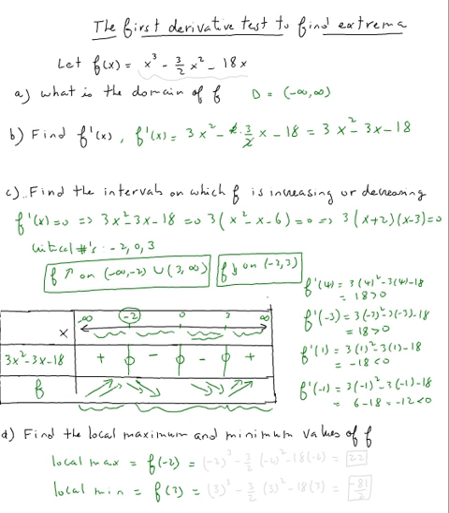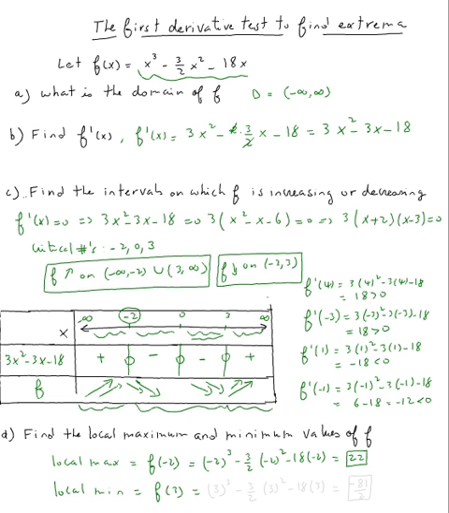So all we need to do is plug in negative 2 into the original function. The original function is right here, so this will be negative 2 cubed minus 3 over 2 times negative 2 squared minus 18 times negative 2, which is equal to 22. So this is our local max.